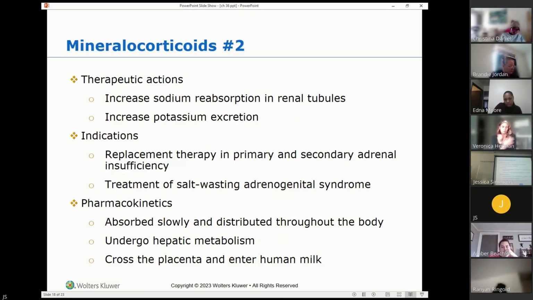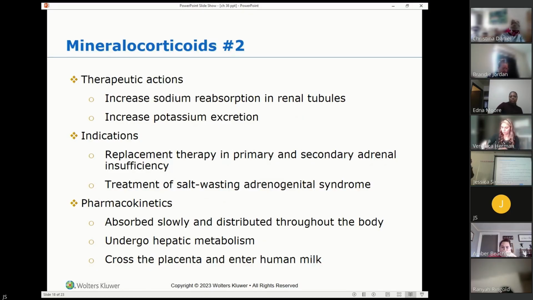So the therapeutic actions: it increases sodium reabsorption in the renal tubules and increases potassium excretion. Our indication is replacement therapy in primary and secondary adrenal insufficiency and the treatment of salt-wasting adrenogenital syndrome.